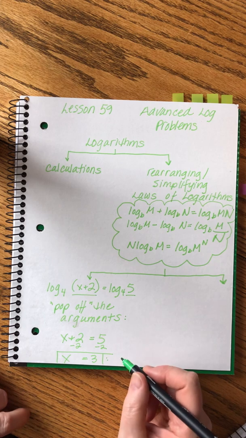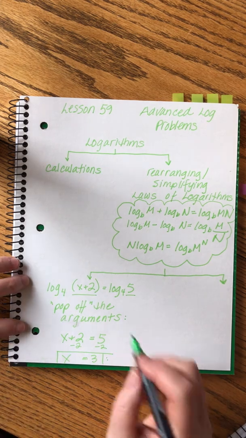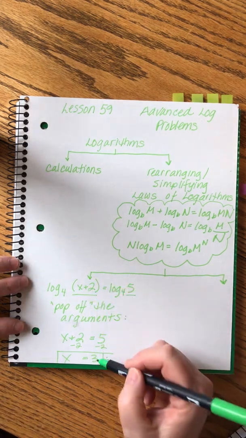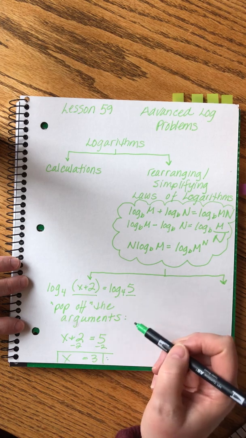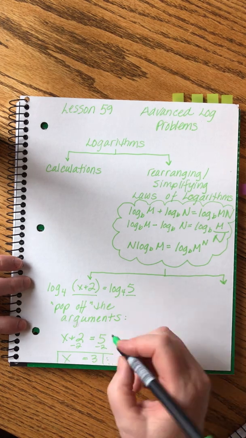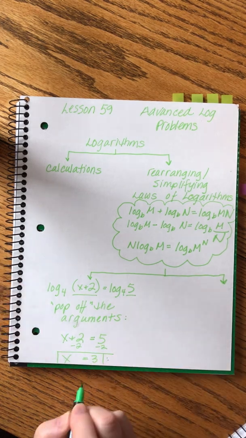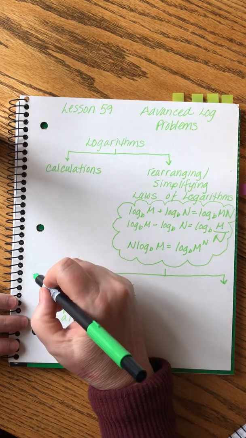And then we always have to test to make sure that the argument is positive. 3 plus 2 would be 5, right? So we have to test. I'm going to put it here.